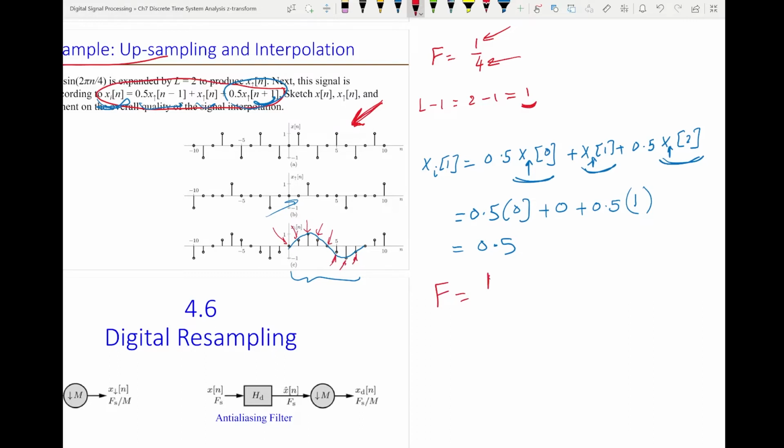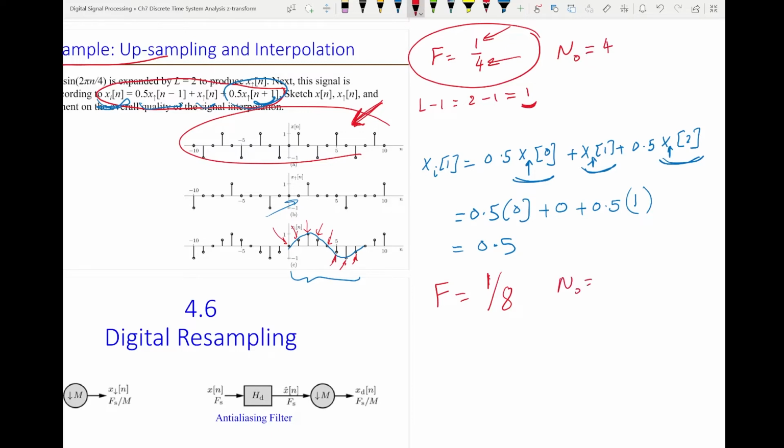So 1 cycle per 8 samples. Versus this one, where the frequency was 1/4, 1 cycle per 4 samples. The fundamental period here, N0, was 4 samples. The fundamental period here, N0, is 8 samples. So upsampling by L equal 2 increased the fundamental period by a factor of 2 and reduced the frequency by a factor of 2.